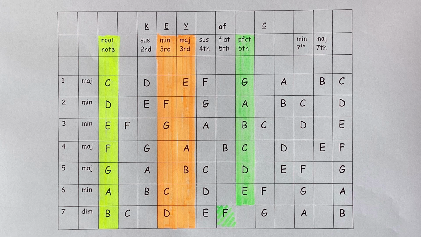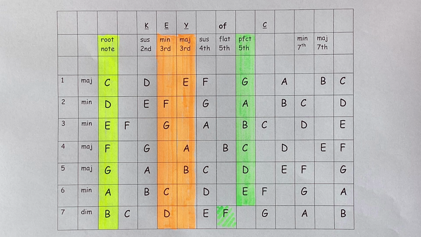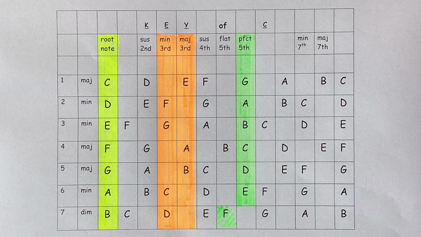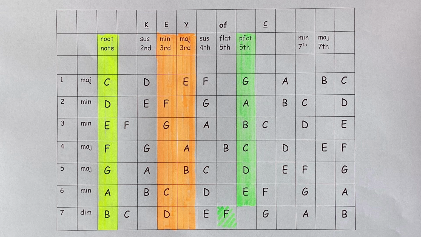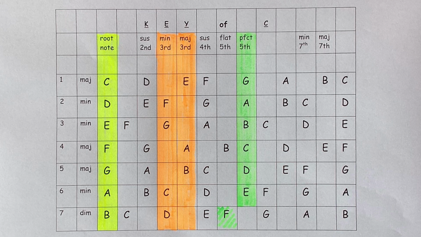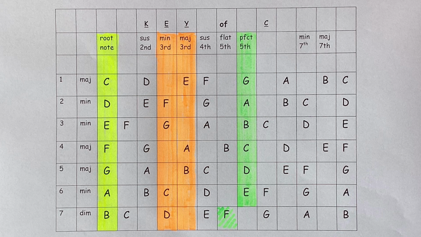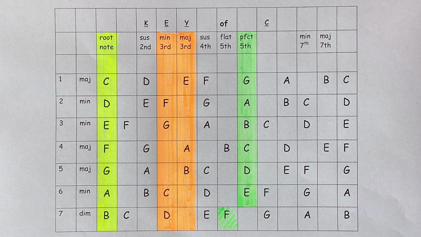Now, if we look at the 4 chord in this key, so that's F, and the 5 chord, so that's G, and we look across there, we'll see again root F, there's a major third, the 3rd note F, G, A, and the 5th note B, C, so that has a root, a major third and a perfect 5th.